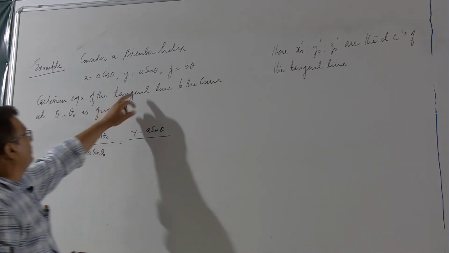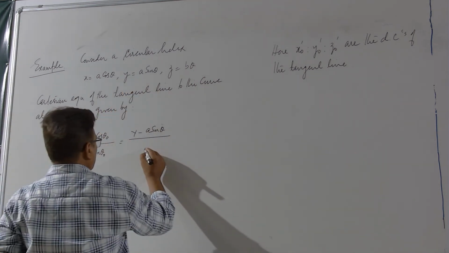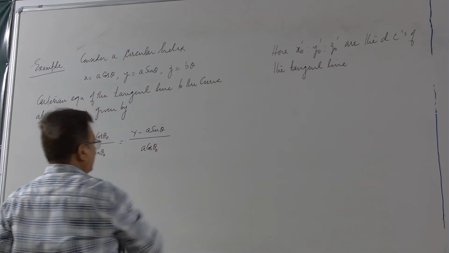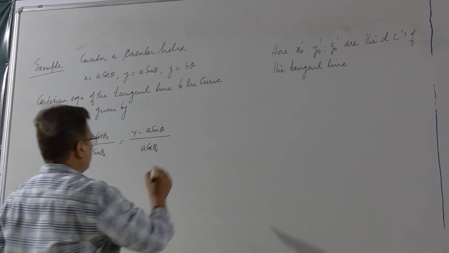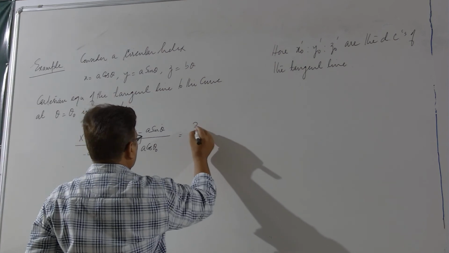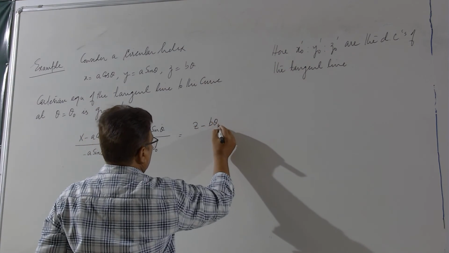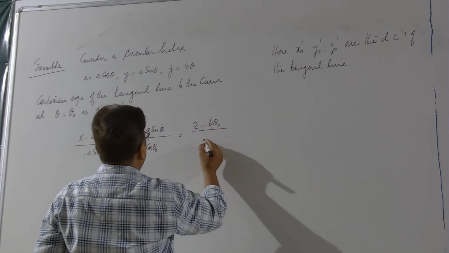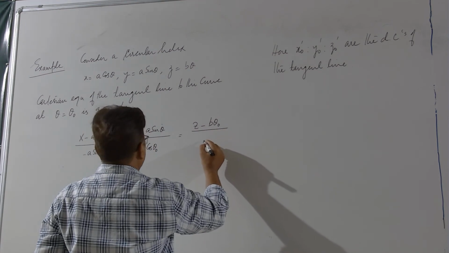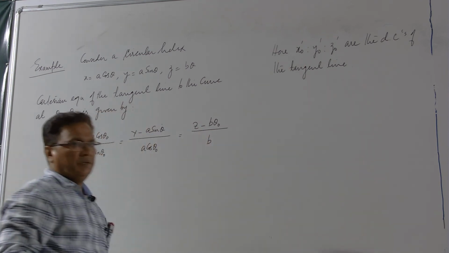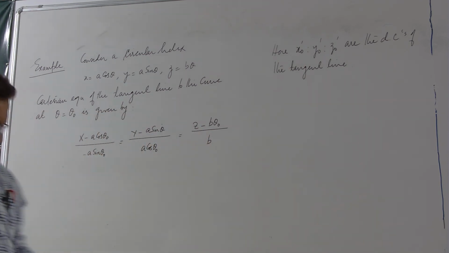Y dash will be a cosine theta, so a cosine theta naught, equal to z minus z 0, where z 0 is b theta naught, upon the derivative of this, which will be just b. So, this is the equation.